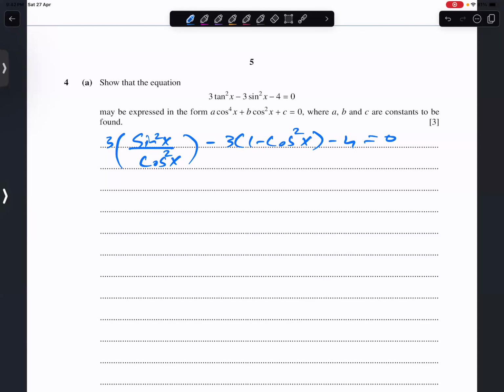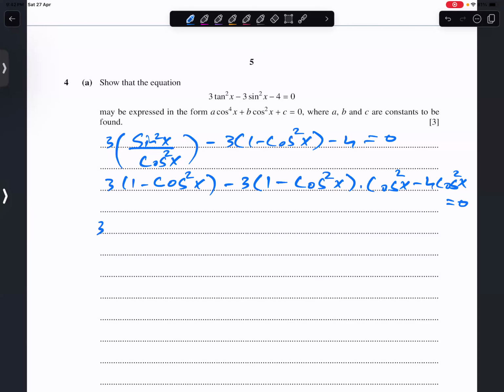Now let's multiply it with cos square x throughout. So this will become 3 times 1 minus cos square x, minus 3 into 1 minus cos square x times cos square x, minus 4 cos square x equal to 0.